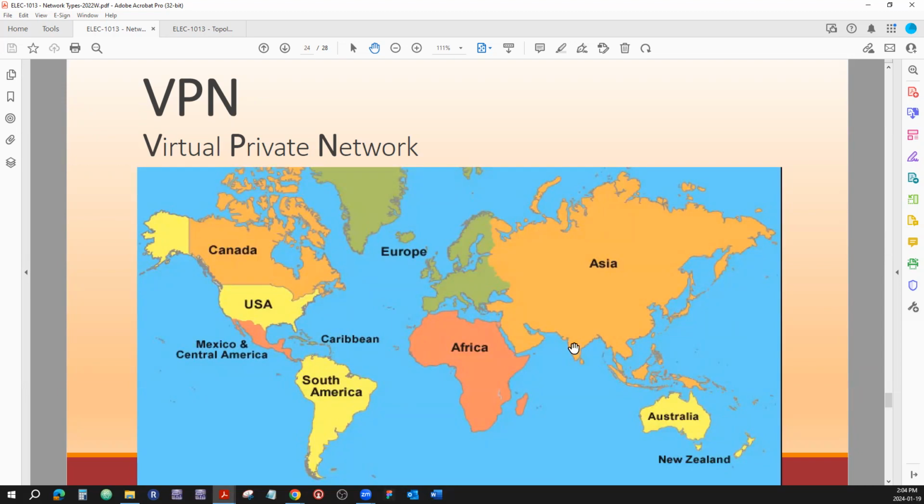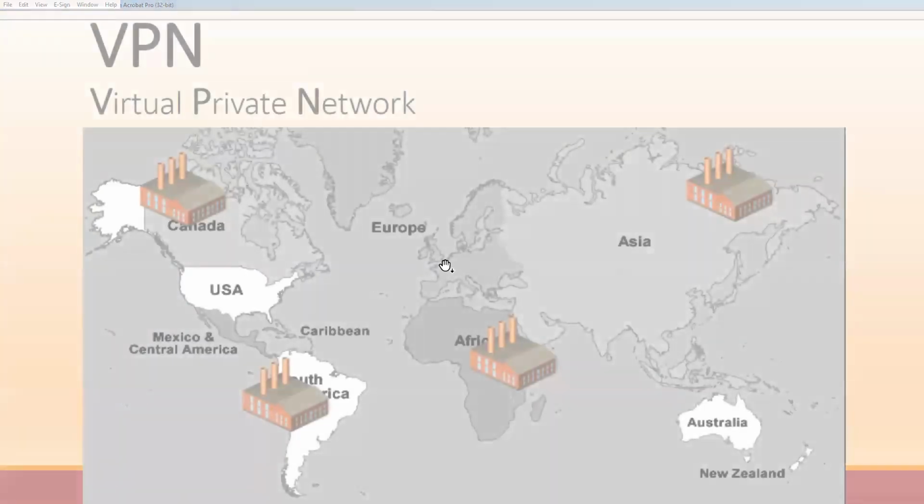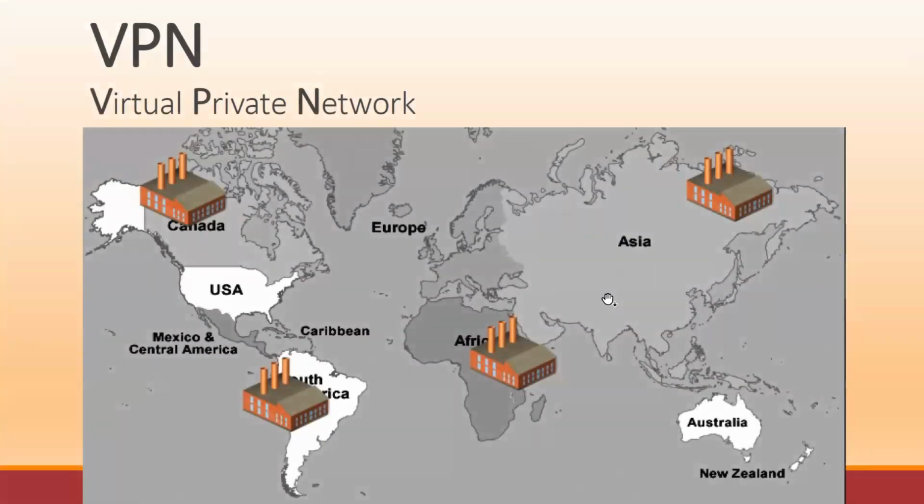So this is the map of the world with different continents marked on it. Let's say we have a company that owns multiple buildings and they are spread all over the world.